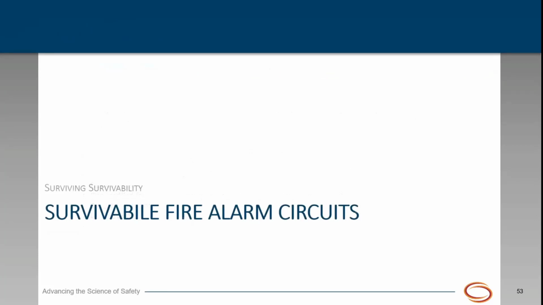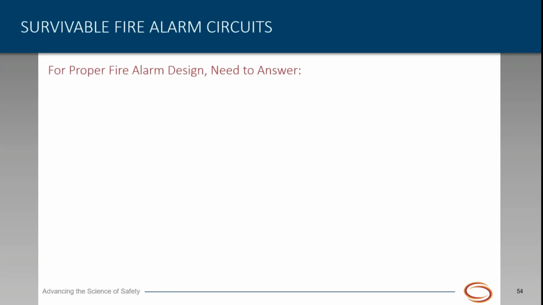So what fire alarm circuits must be survivable and how can this be accomplished? We've talked about a lot of code requirements so far, but let's break it down to what we specifically need to know. Now, for a proper fire alarm design, you need to answer several basic but important questions. What circuits need survivability?